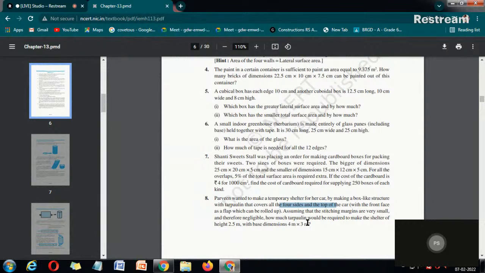So LB plus 2BH plus 2HL is the formula for this. So L here is 4 and B is 3, plus 2 into 3 into 2.5 meter, plus 2 into H, which is 2.5, into 4. So the answer will be 47 meters squared. This is our answer for the eighth question.